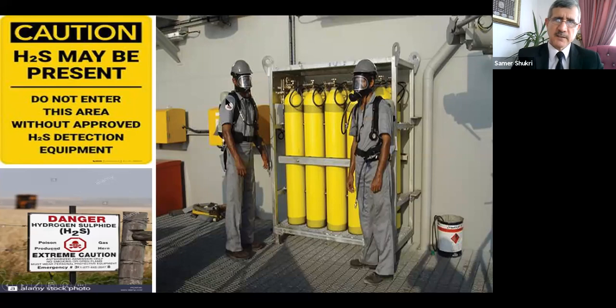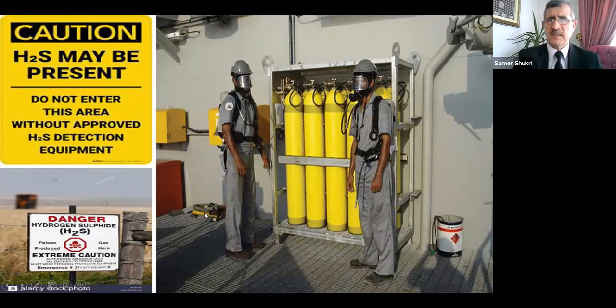You can either work with SCBA, or connect to these air bottles straight away using a hose, and you can go to the wellhead. Or we also have the 5-minute escape set.